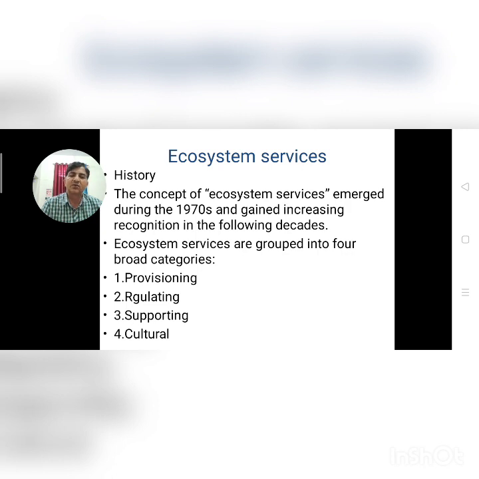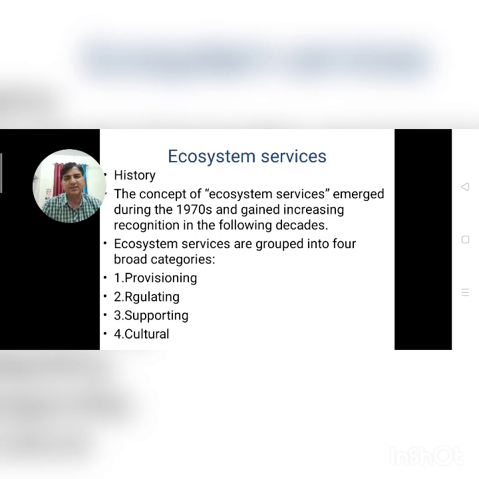The concept of ecosystem services emerged during the 1970s, and since then it has gained increasing importance in the coming decades, because it has been realized there are people who are directly dependent on these ecosystem services, whether they are some Amazonian tribes, or any indigenous tribes, in Australia or in Asia or in India. So they directly depend on these.